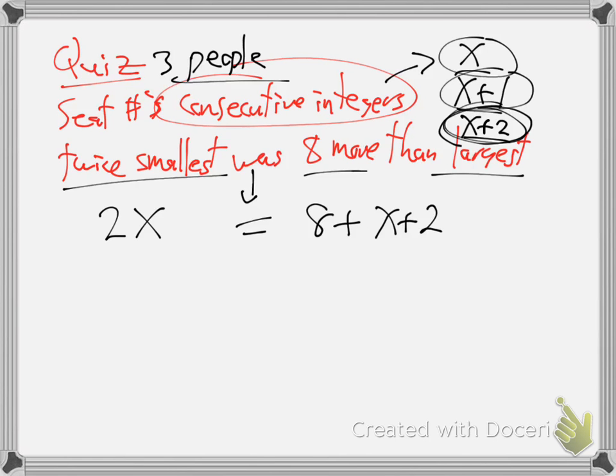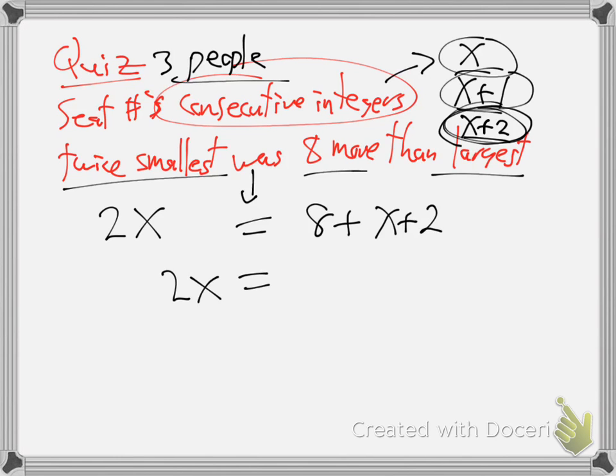So there's our equation. You'll be able to do that on today's exam. We didn't need to use the middle one. They didn't mention it. There's no requirement that they mention all 3.